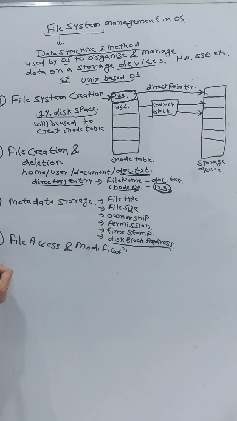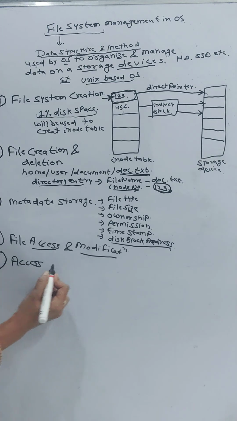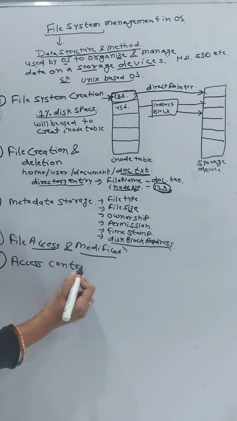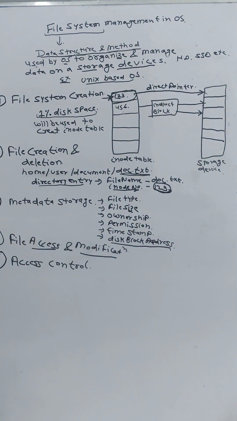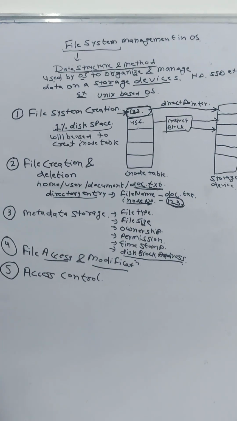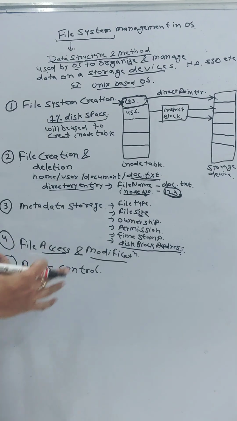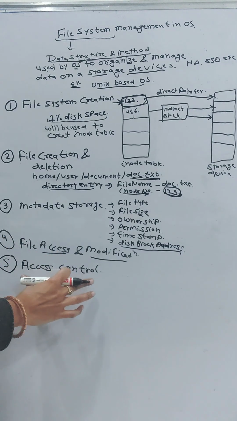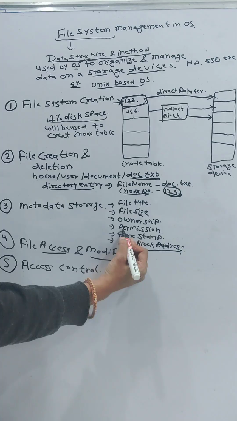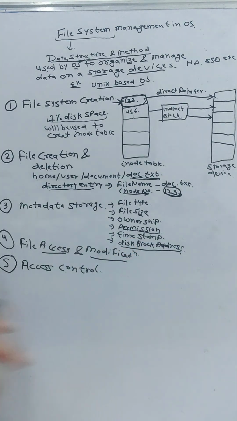Now fifth. The user will open the file, and they can access the file and modify it also. And access control. When user wants to access the file, we have permission information in our metadata storage.